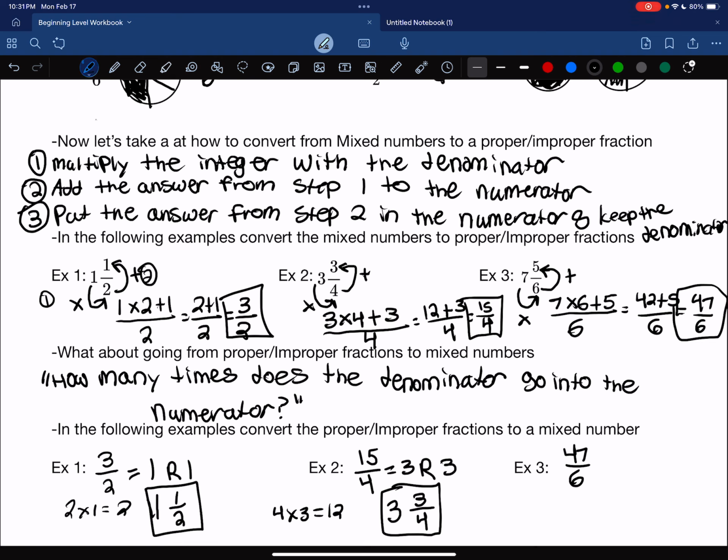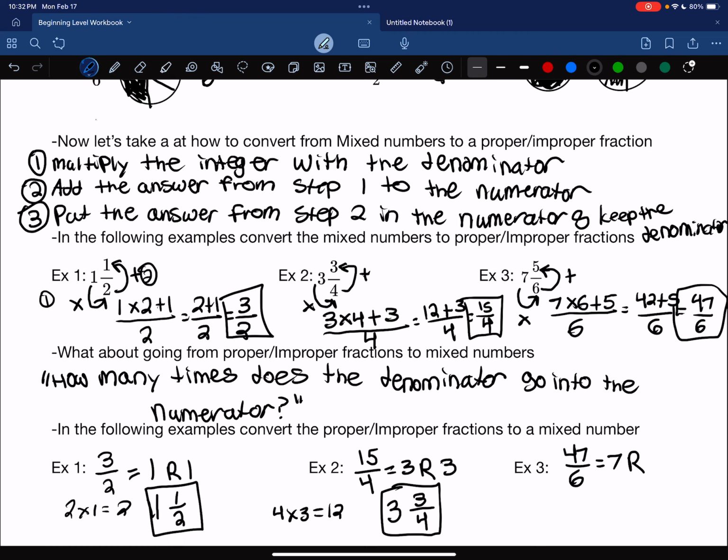And assuming you have given it a go, we have to ask ourselves the question, how many times does 6 go into 47? And 6 goes into 47 7 times. So let me actually write that out here. So we have 7, and then we've got to figure out a remainder.